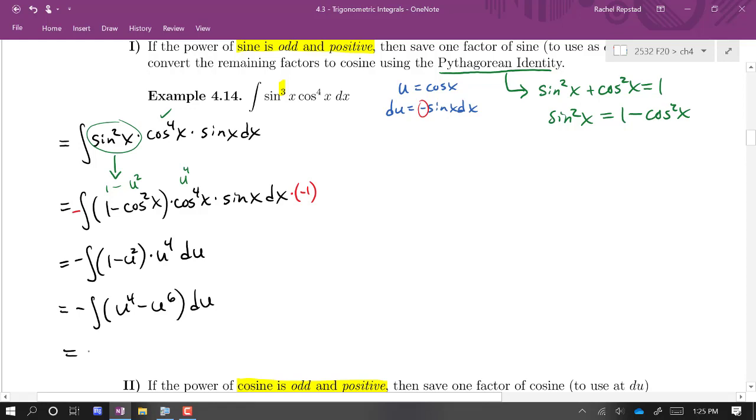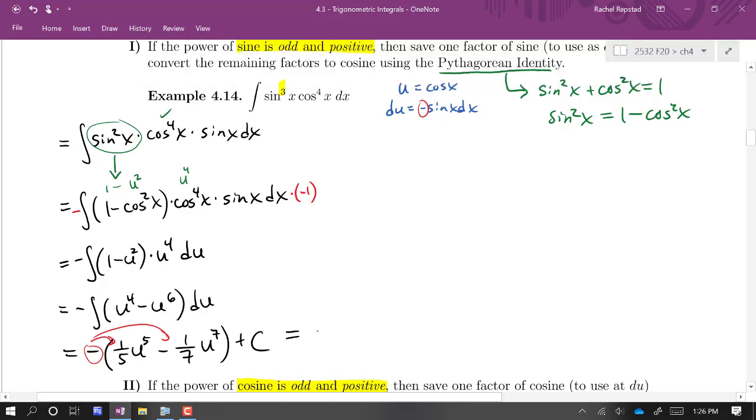But the result is essentially the same, an integral for which we can just use the power rule. So this is negative, parentheses, 1/5 u to the fifth minus 1/7 u to the seventh, plus a constant. Now I'm going to do two things. I'm going to put the x's back in, putting cosine x back in for u, and I'm going to distribute this negative.